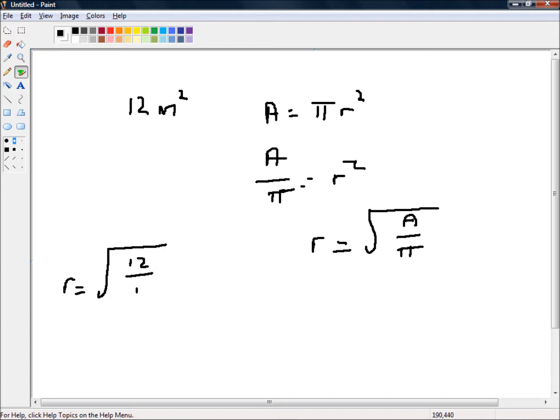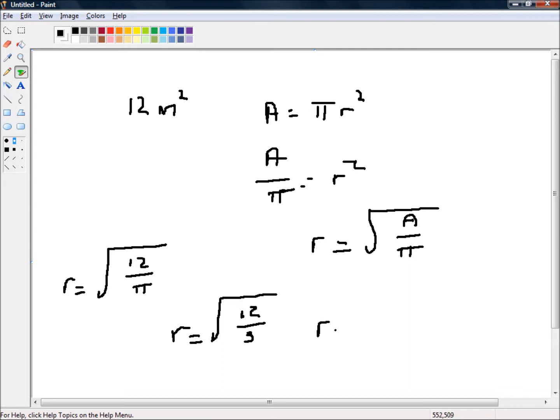Now, because I'm a gardener in a park, I'm not going to worry so much about the 3.14 and whatever. I'm going to simplify pi to just 3 because I'm only interested in it being about right. So let's say that r is equal to the square root of 12 over 3.